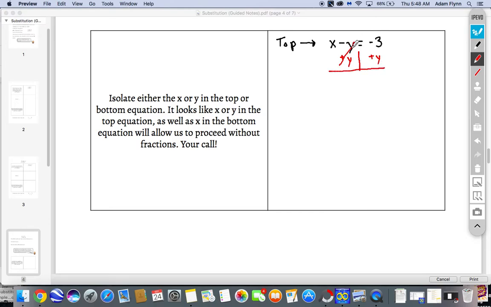When I do that, the y's cancel, and I'm left with x equals -3 plus y. If you had y minus 3, that's the same thing. You should get the same answer. Don't worry about it. Okay. So there, I have the x isolated. I'm good to go. I can proceed with my substitution.